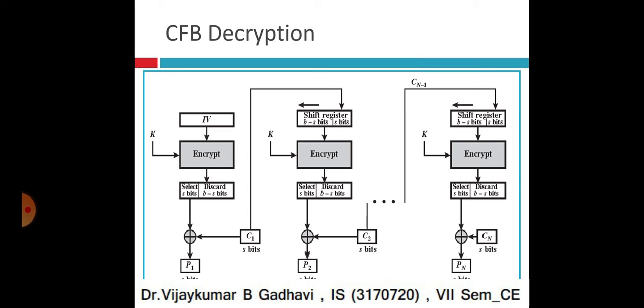Here we can see the encryption standards. S bits go to P1 and C1 S bits by using a key. Then P2 S bits go to C2. Here we have already identified many equations for decryption standards.